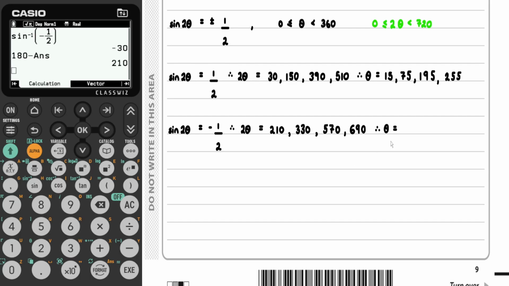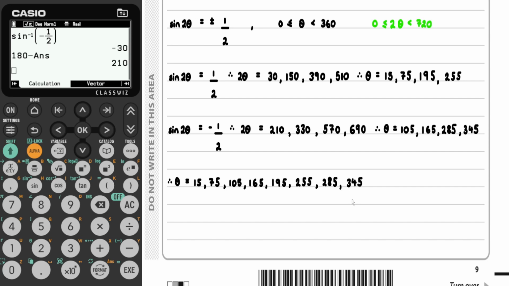And dividing these by 2, we end up with θ equaling 105, 165, 285, and 345. So we've got the values of θ being 15, 75, 105, 165, 195, 255, 285, and 345.